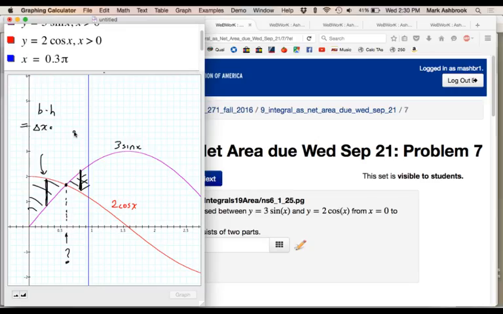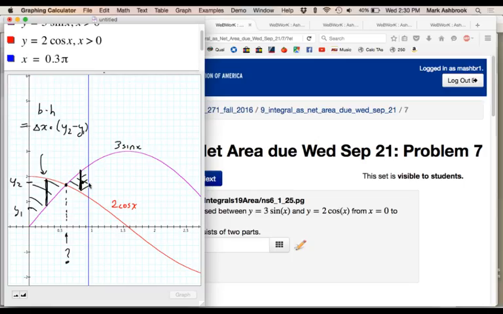Is it an x value, a y value, a change in x, or a change in y? So for this one, it's a change in y, right? So we're going to do y2 minus y1. So what is y2? Okay, and that y2 is our 2 cosine x, and y1 is our 3 sine x.